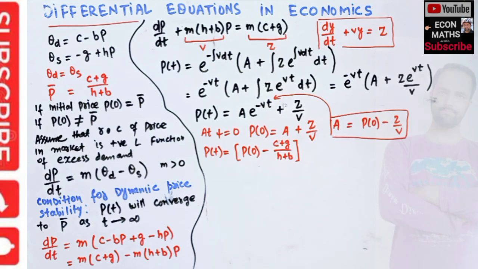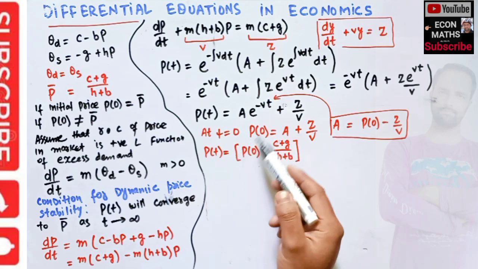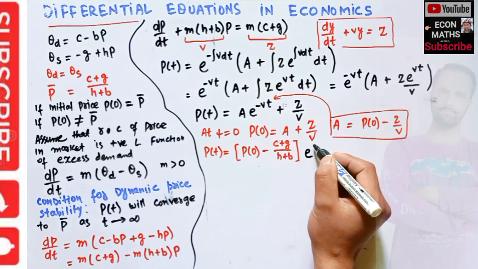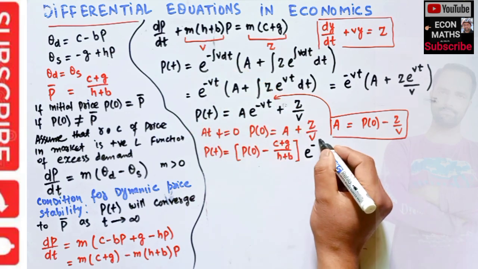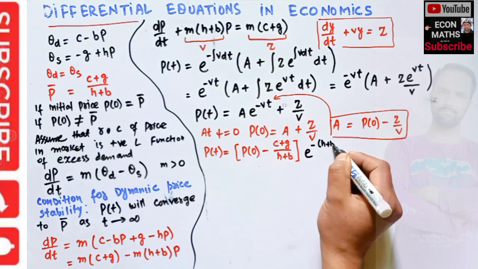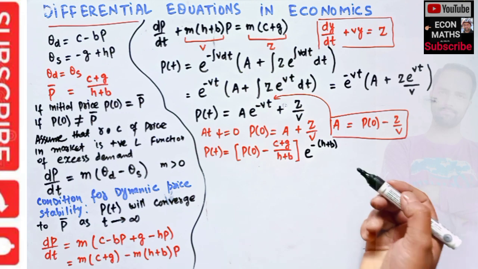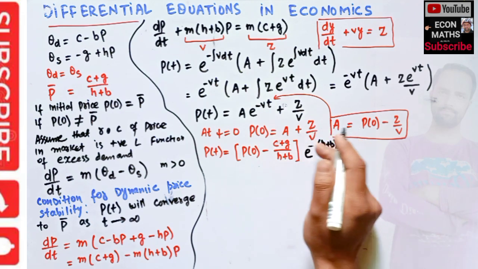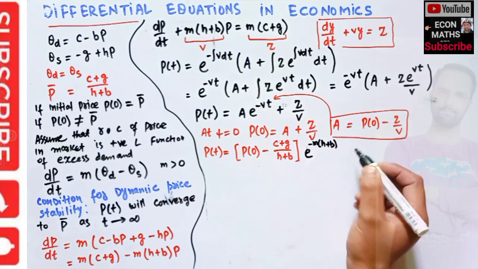Okay, so this is our A, and then we have e raised to the power minus our v, again is m(h plus b). Let me write here minus m(h plus b)t.